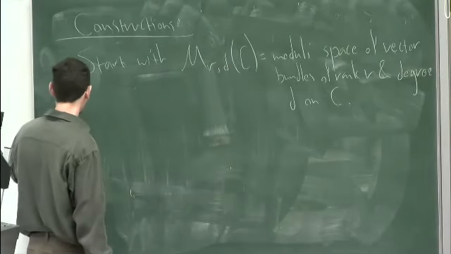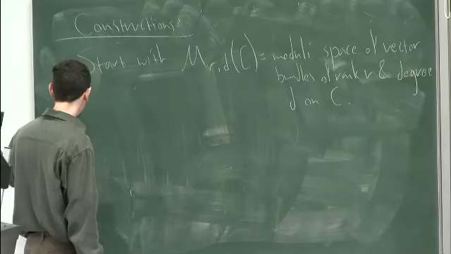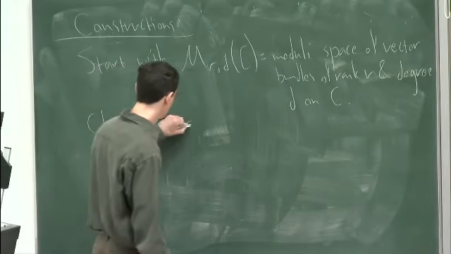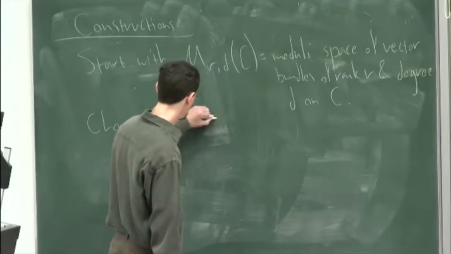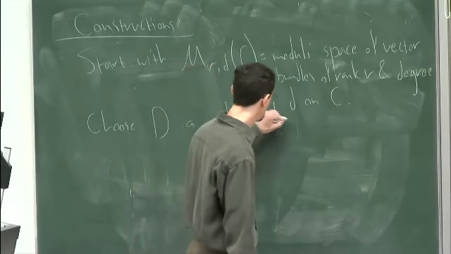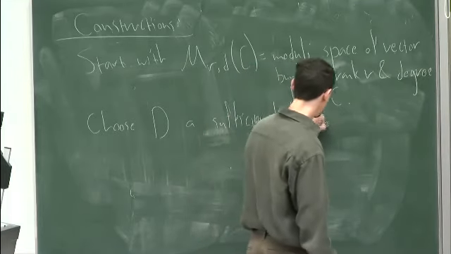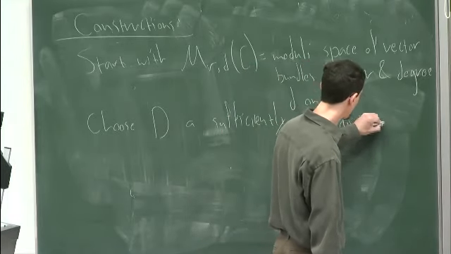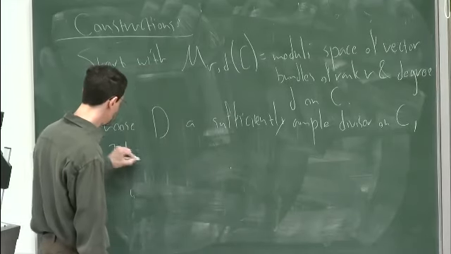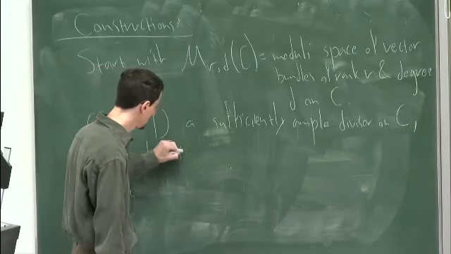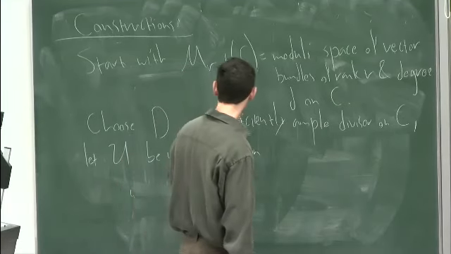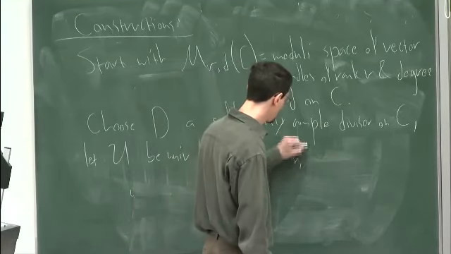So you use this trick of twisting up by a very ample divisor. So choose a sufficiently ample divisor on C. And let's let U be the universal bundle on the product of the moduli space with the curve.